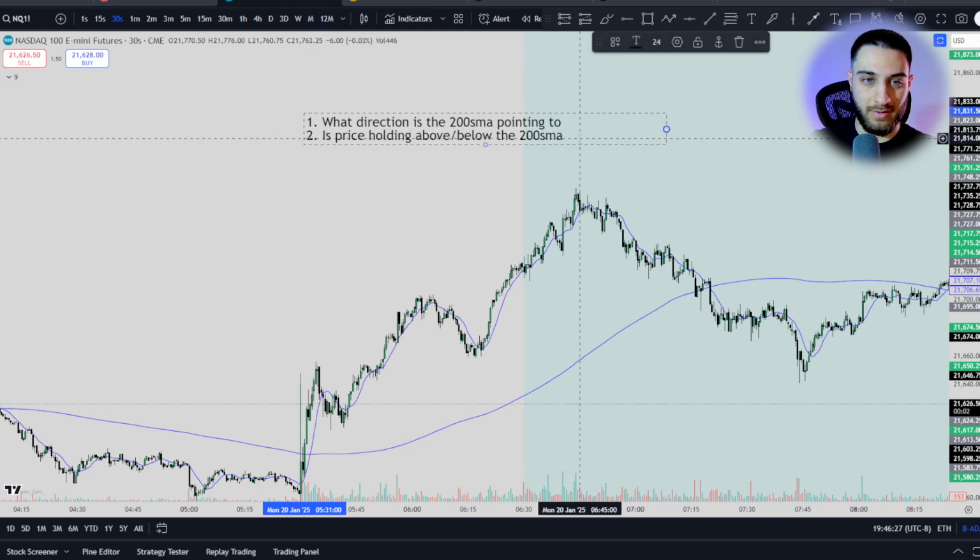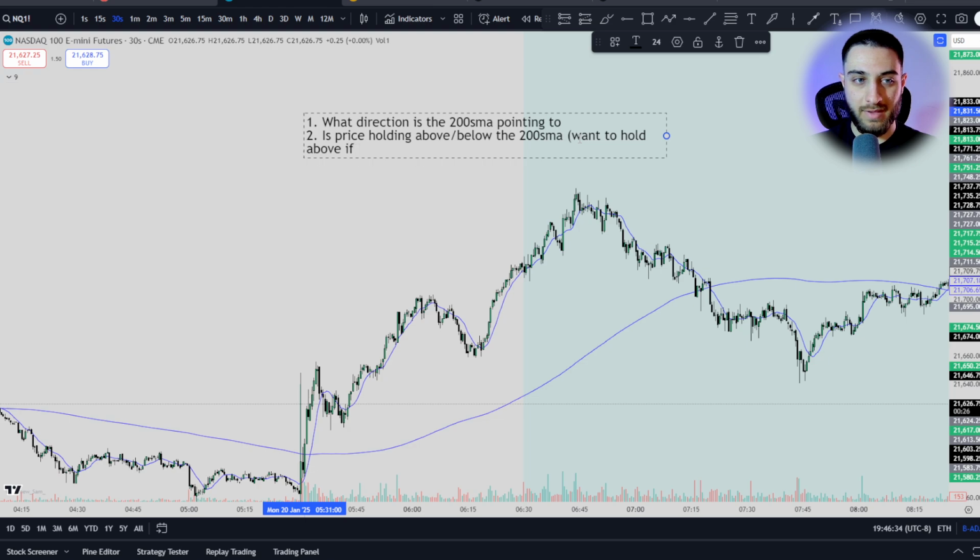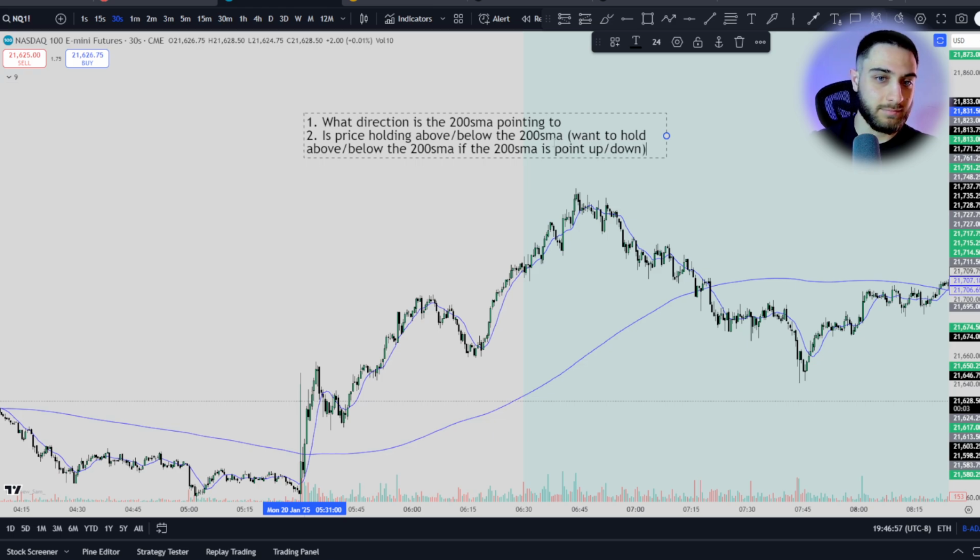We want it to hold above the 200 SMA if the 200 SMA is pointing up, and below if the 200 SMA is pointing down.